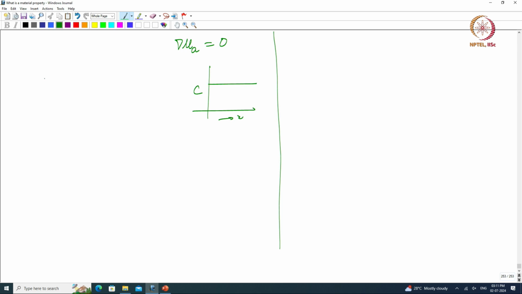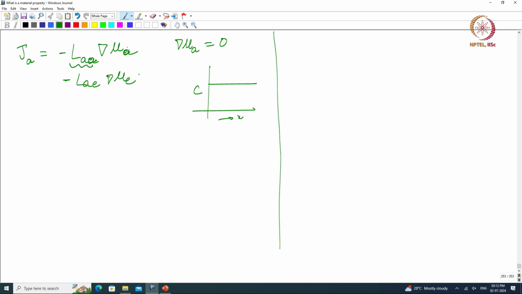If I look at the atom flux, however, it should be equal to minus L atom-electron, the cross coupling coefficient, Onsager's cross coupling coefficient, times the gradient of mu electron.